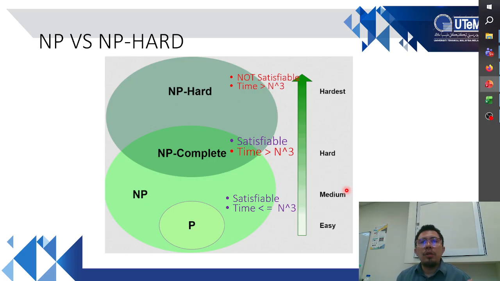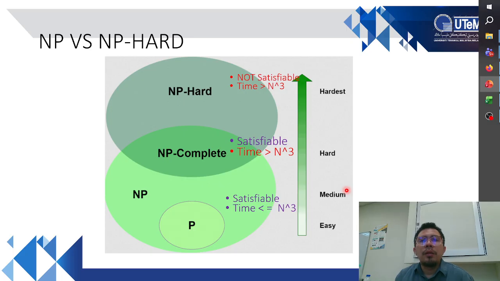As I mentioned before, there are three classes: NP, NP complete, and NP hard. If you want to understand more detail, the condition in NP is first satisfiable, so that means the problem can be solved.